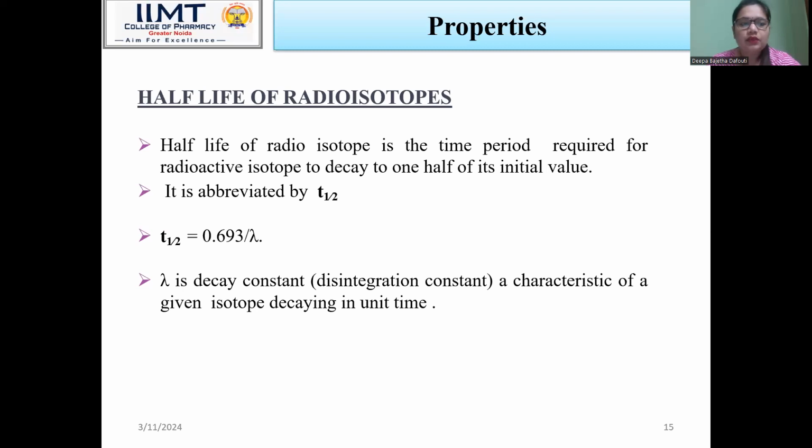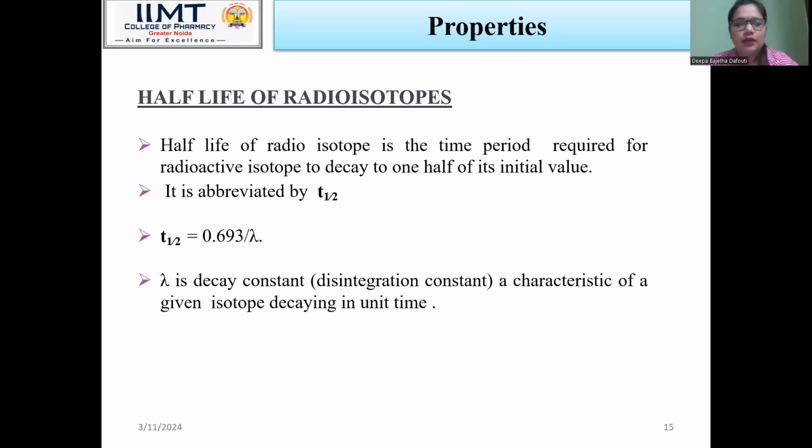So next topic is, what is the half-life of radioisotopes. Half-life of a radioisotope is the time period required for any radioactive isotope to decay or disintegrate to one half of its initial value. Again, I am repeating, half-life of a radioisotope is the time required for a radioactive isotope to decay to one half of its initial value.